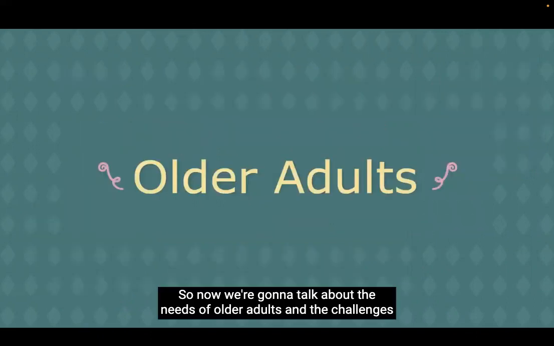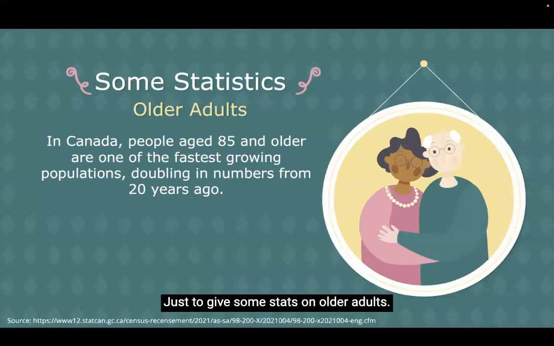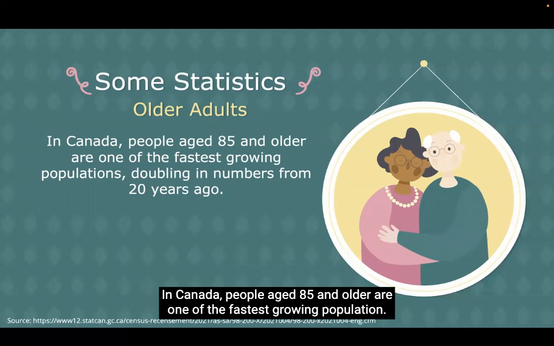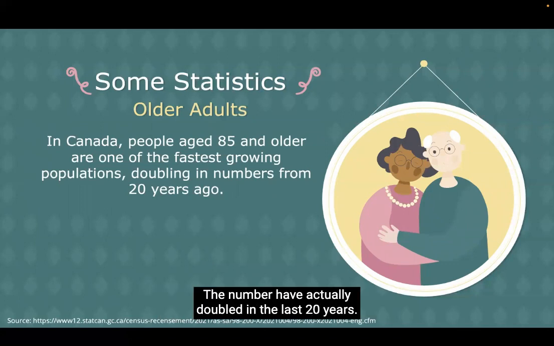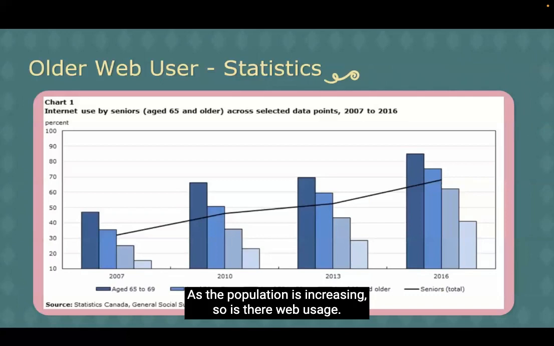So now we're going to talk about the needs of older adults and the challenges that they face while using the internet. Just to give some stats on older adults, in Canada, people aged 85 and older are one of the fastest growing population. The number have actually doubled in the last 20 years. As the population is increasing, so is their web usage.